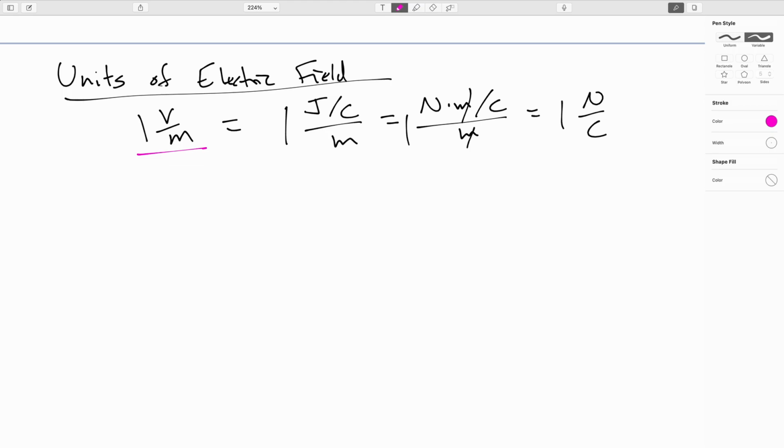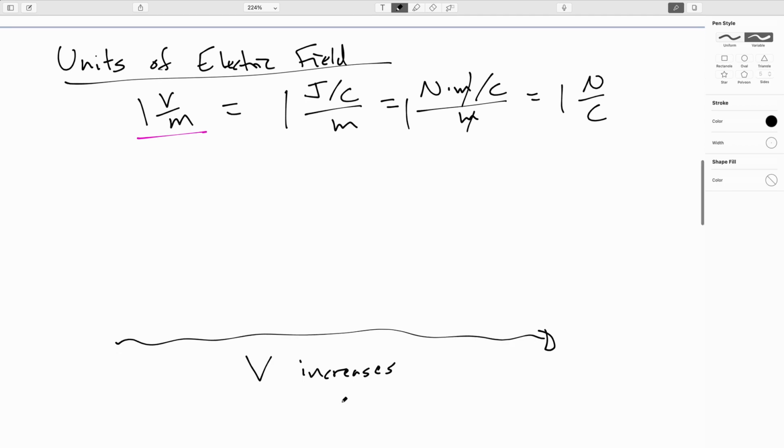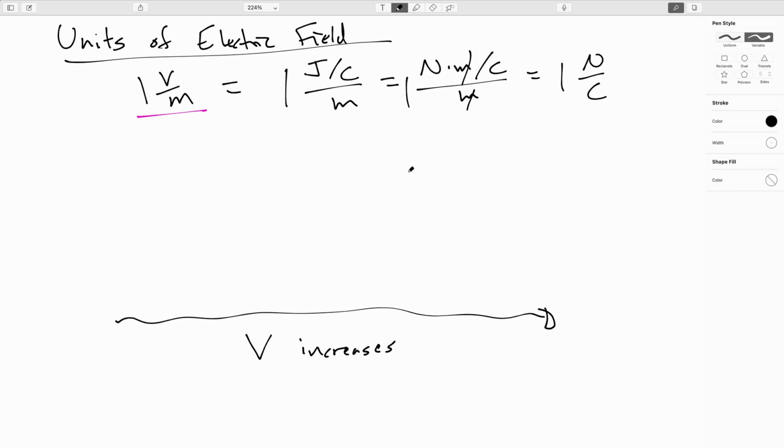All right, so how can we interpret this quantity? Well, one thing we can look at is, let's say we're just in some region here, and as we go this way, the voltage increases in this direction. Now let's think about what that would mean for, say, a positive charge that I have here. Let's say it's initially moving with some velocity v, like so.